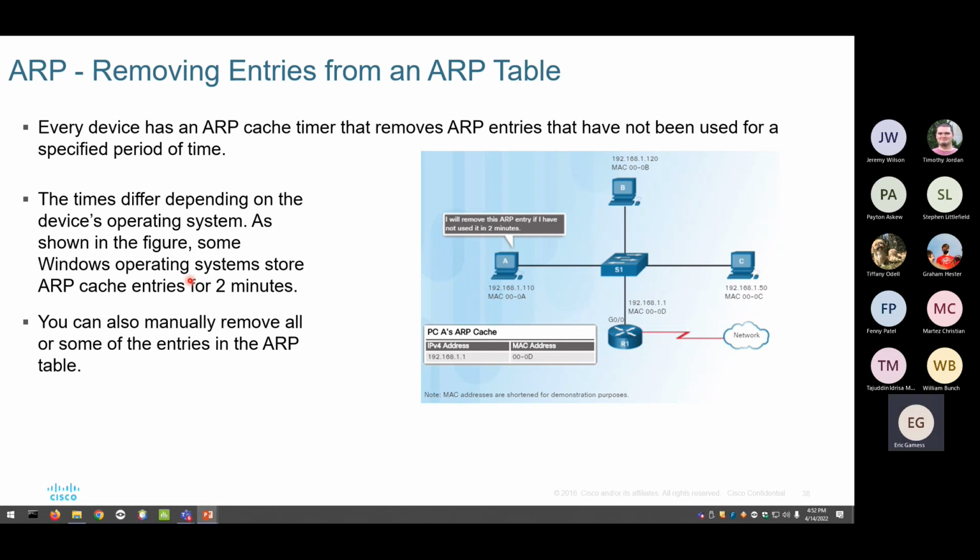You can add entries manually in the ARP cache table, or you can remove them also manually. But the ones that are added through the ARP protocol will be removed after some time of inactivity. Normally, Windows, for example, keeps it for 2 minutes. This is a parameter that you can change if you want at the level of the operating system, no?